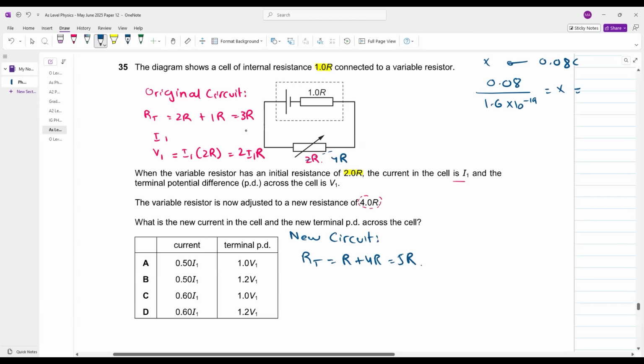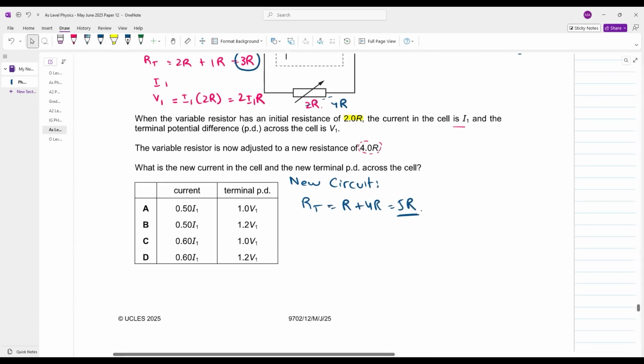Very, very easy. Just focus on the board. Now, if your resistance has become 5R, इसका मतलब नया current क्या होगा? What will be the new current? हाँ जी. Would anyone like to tell what will be the new current if your resistance has become 5R? What was your initial resistance? 3R.